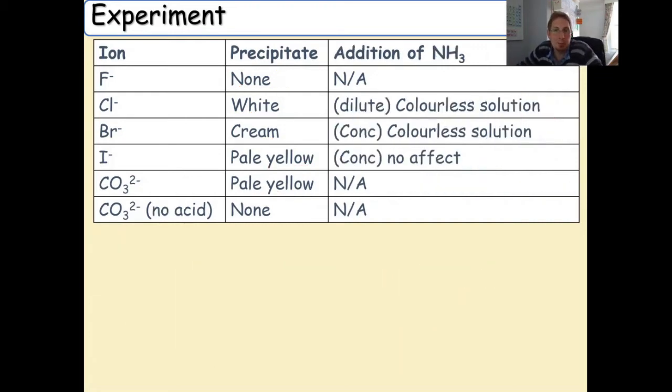But again, as with the first experiment, we just added a little extra step, which was adding the organic solvent, the cyclohexane. With this one, we're adding an extra step. We react with ammonia, either dilute or concentrated. Now, chloride will actually redissolve in both dilute and concentrated ammonia.